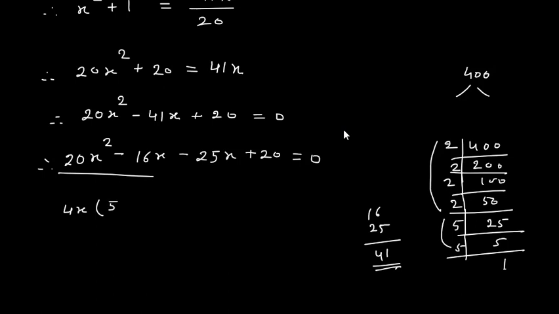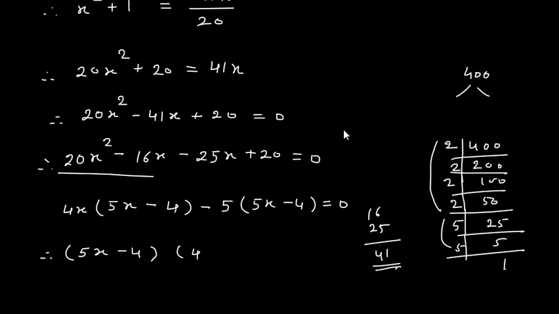So it is 5x minus 4, and then here I will take minus 5 common. So it is 5x minus 4, and this is equal to 0. So therefore we have 5x minus 4 in one bracket and 4x minus 5 in the other bracket, and this is equal to 0.